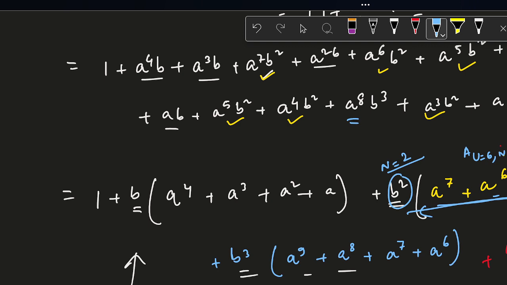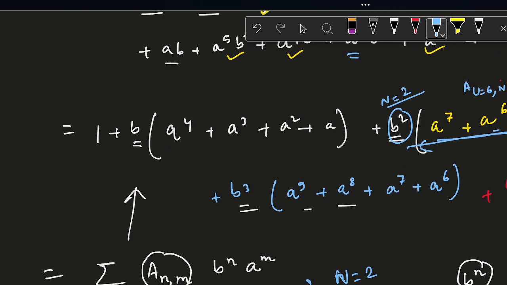So your b will always be at b squared, and I think your u value was specified as 4, 6 and 7. That means your a will have a power of a to the power 4, a to the power 6 and a to the power 7.